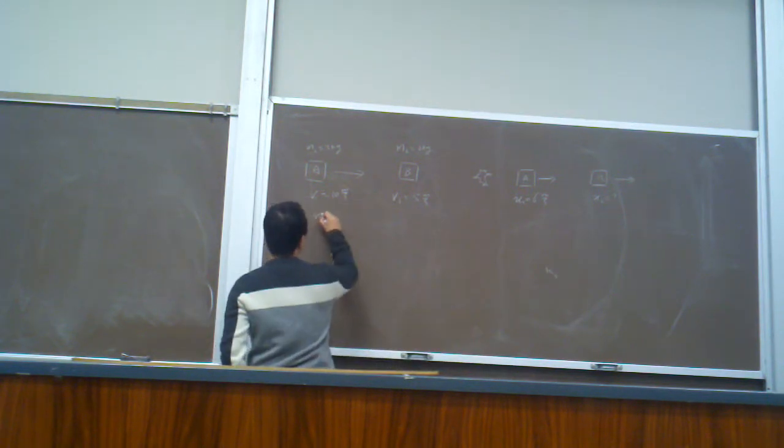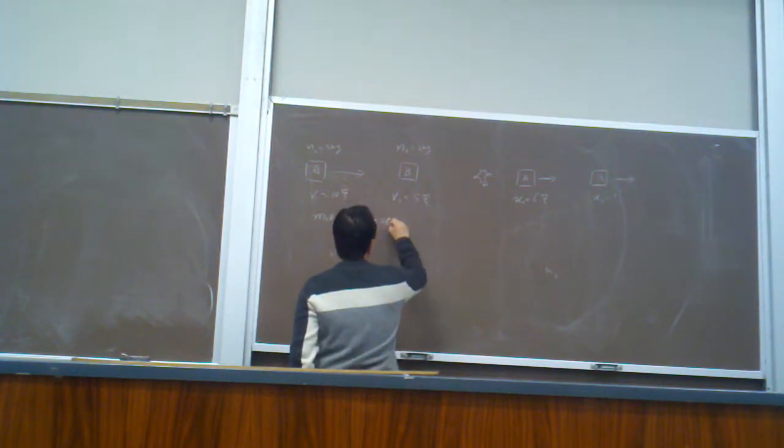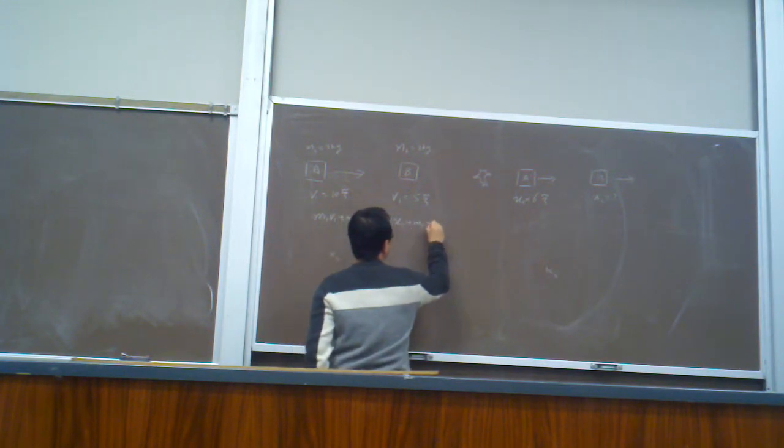Let's write down the equation: m1v1 plus m2v2 equals m1u1 plus m2u2.